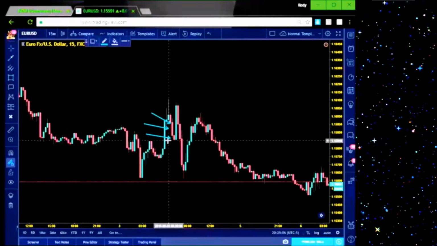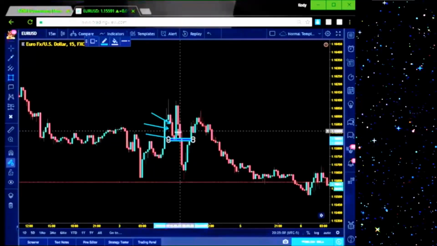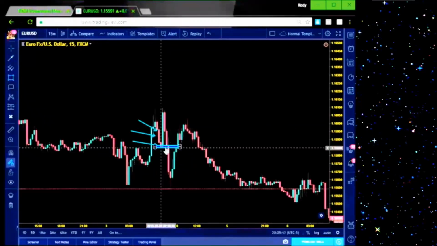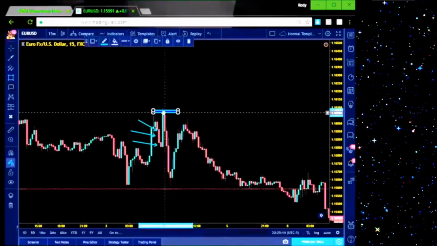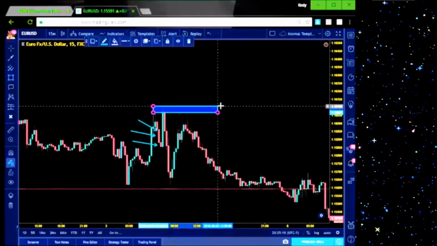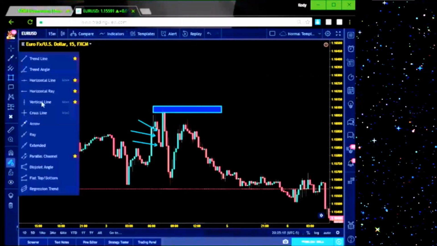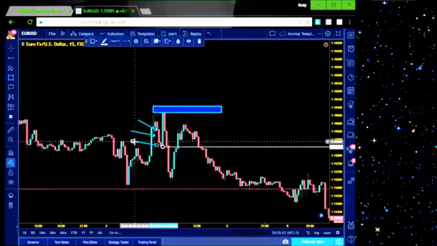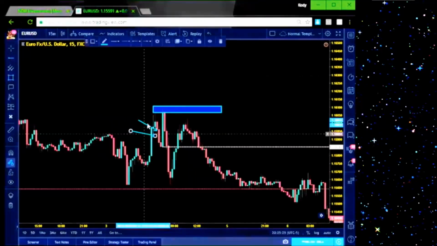Then what happened? Structure was right here, right? Price broke structure. You're saying, sweet, I guess we're bearish. When price breaks this structure, structure now becomes right here, these highs. We're bearish. So let's mark this right here. Let's get rid of these arrows now.